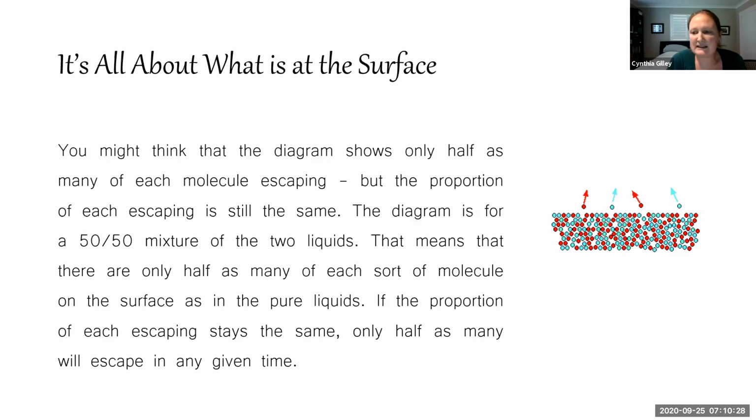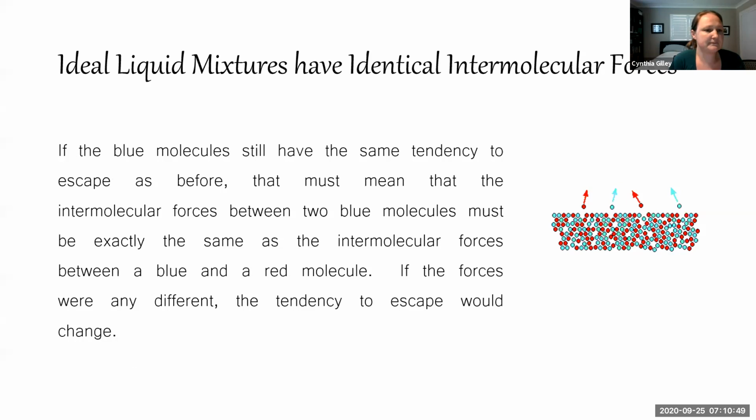So that's basically saying on average, at the surface, you'll have about 50% of the red molecules, 50% of the blue molecules. And as a result, if the same proportion are escaping as before, in the vapor phase you're going to have the same number of molecules, but it will be a 50-50 split between the two molecules.